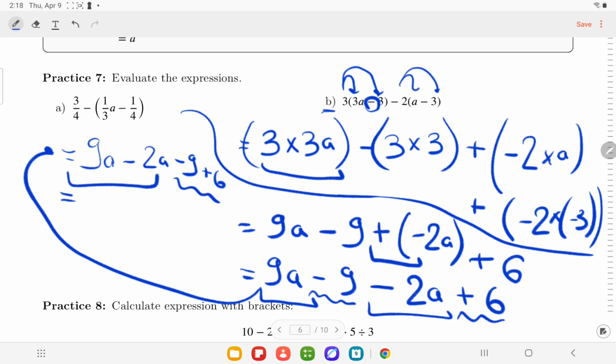And so 9a minus 2a gives us 7a, and negative 9 plus 6 gives us negative 3. And so this is our final expression.